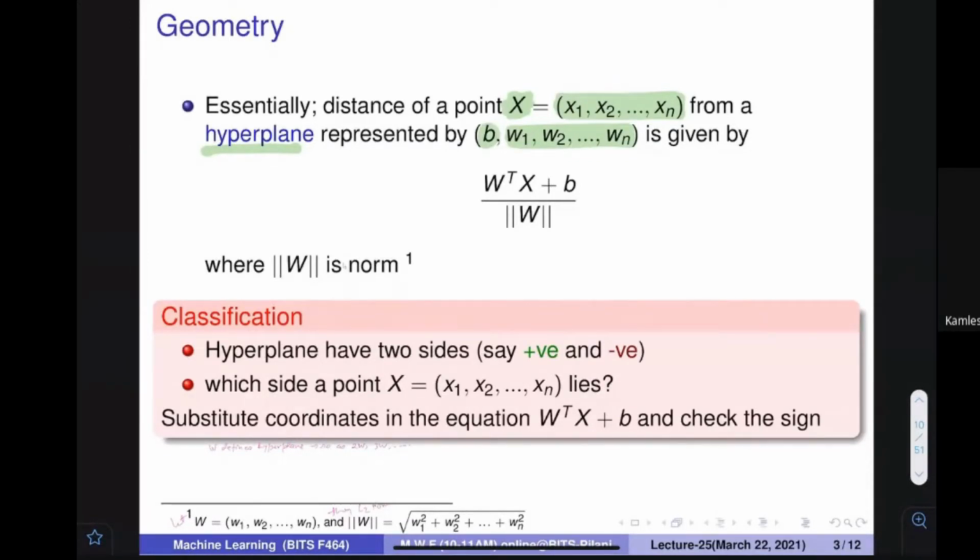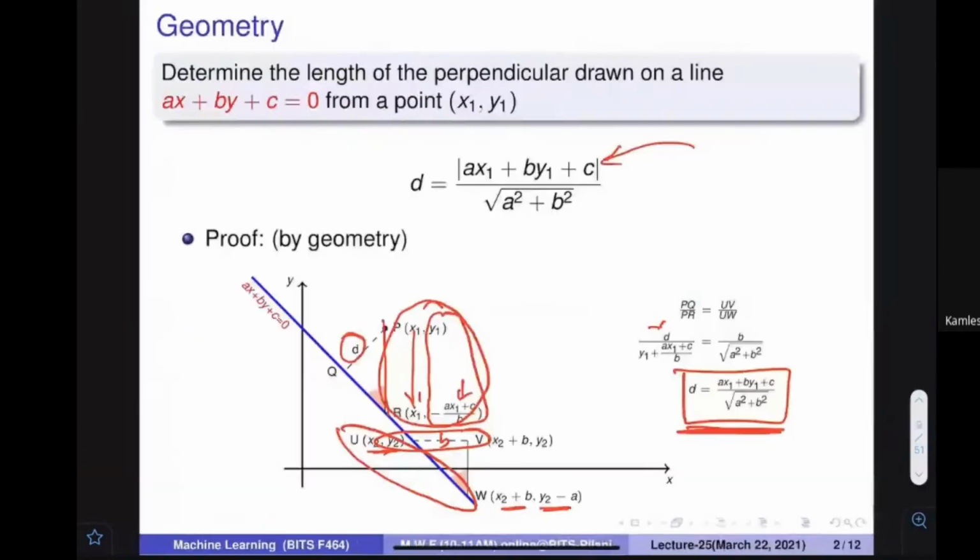Let me tell you that in the previous classes we were calling this W0 and including it in the parameters. But in this class, whenever I talk about this linear equation, we are not going to include W0 inside the W. The reason is the multiplicative factor here: if I include one also over here, then when we take the mod of that particular quantity, one is also going to be added.